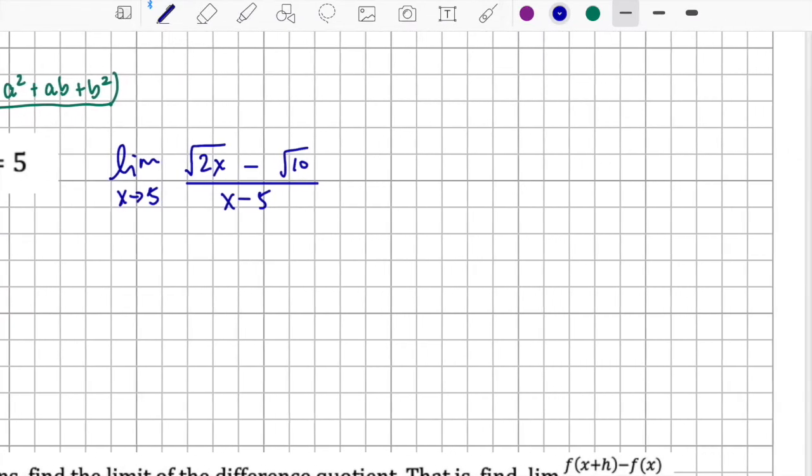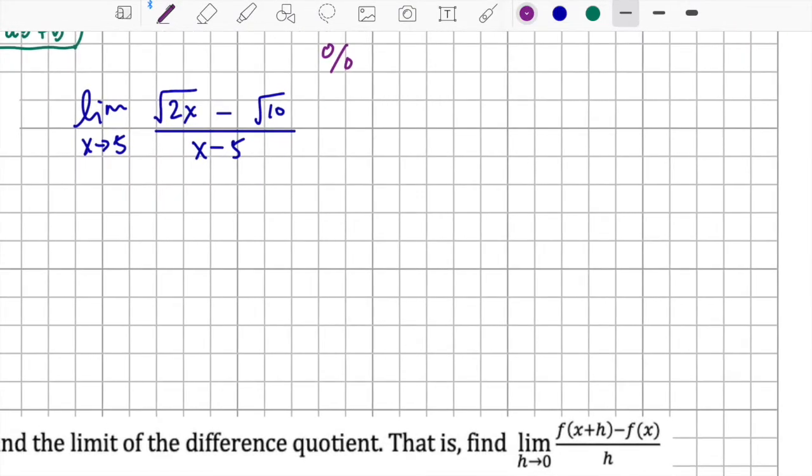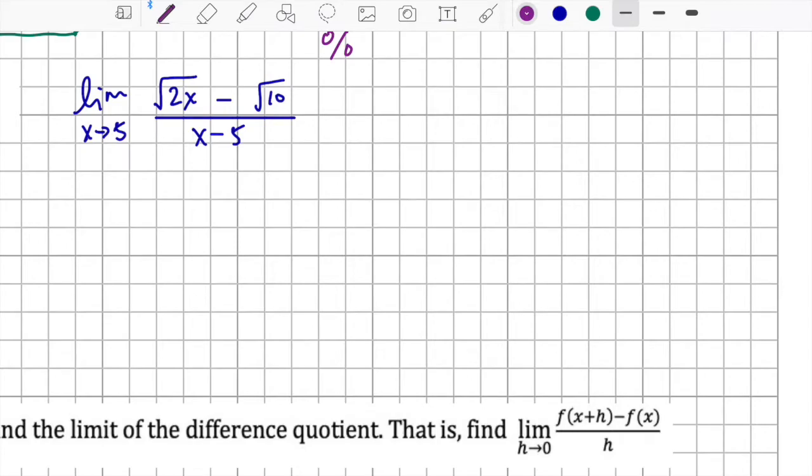So there we go. That's how you set it up first. Now, if we plug in the 5 there and there, again, we're going to end up with 0 over 0. That tells me that I have to manipulate, simplify, do something.